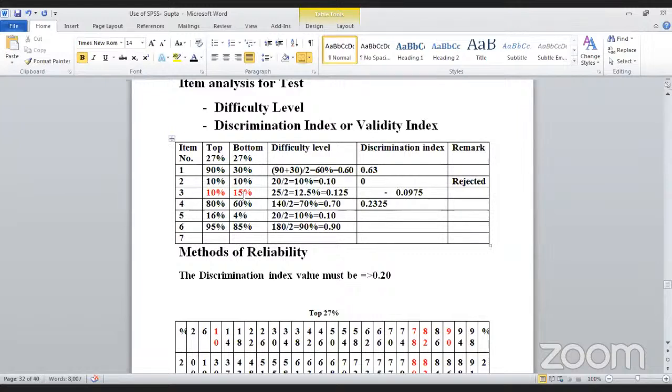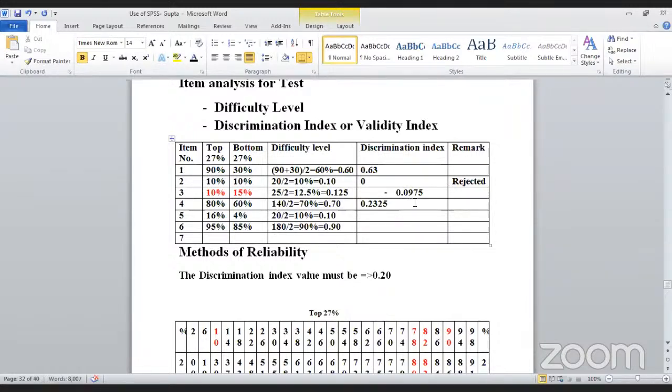Now see the third one. In the third one, this particular question is defective. Why? Because the majority of the people from the bottom have got the answer correctly, and from the top, a smaller number of people answered it correctly.